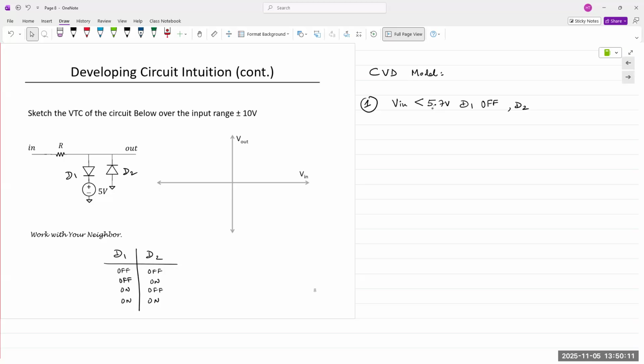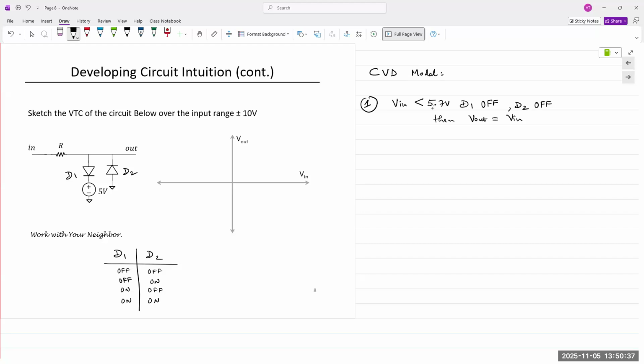So if V in is less than 5.7 volts, right now, as far as we know, D1 is off and D2 is also off. And if both are off, then V out is equal to V in.